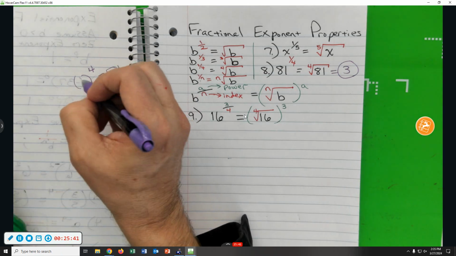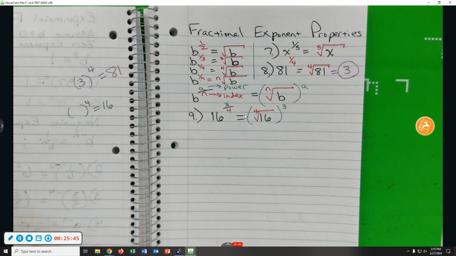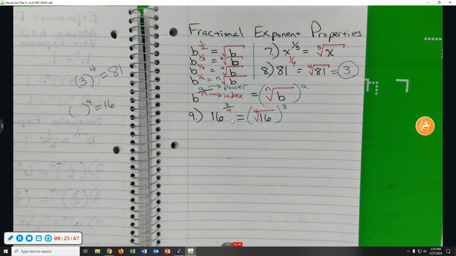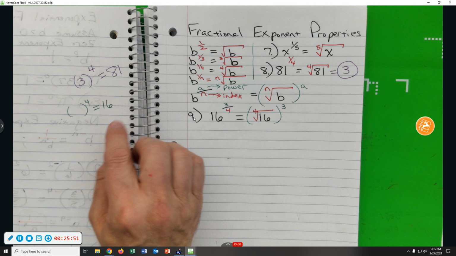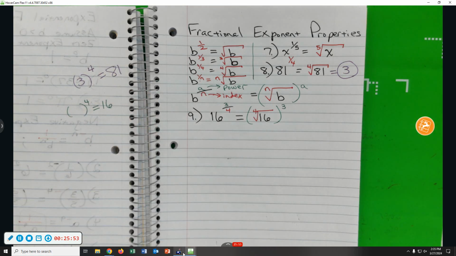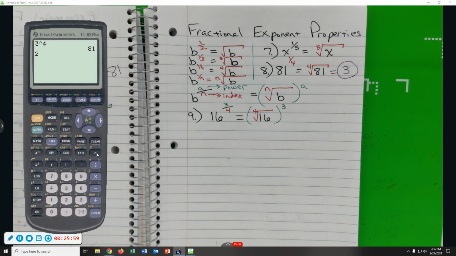Earlier, we saw that 3 to the fourth gave us 81, so 16 I think of as 4 times 4, but 4 is 2 times 2. I think it's 2 to the fourth power. Let's verify that right here. 2 raised to the fourth power. Does that give us 16?